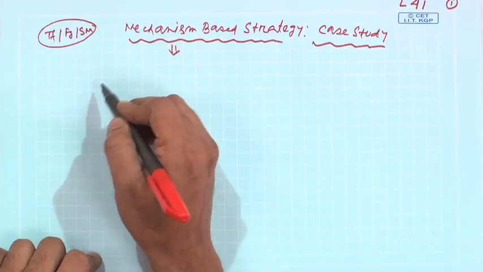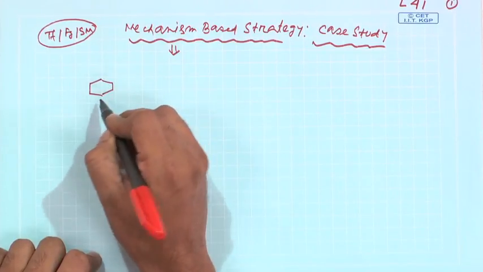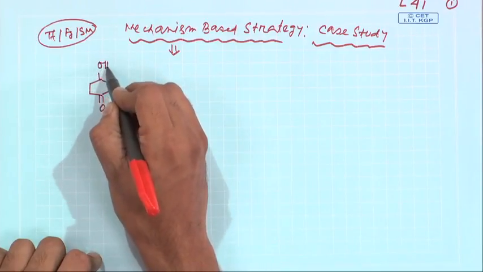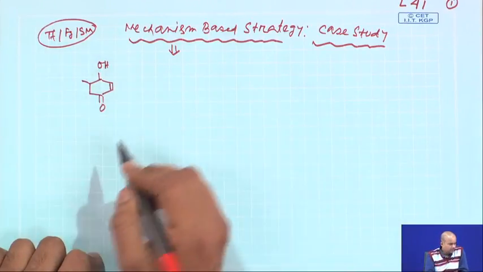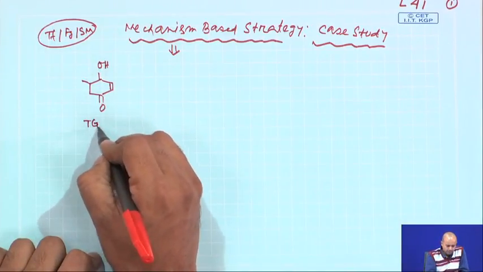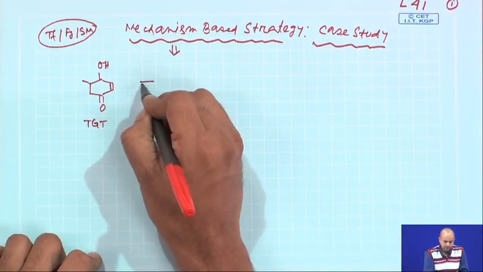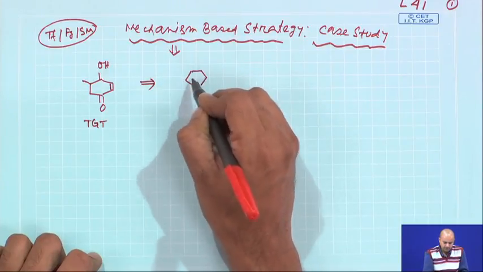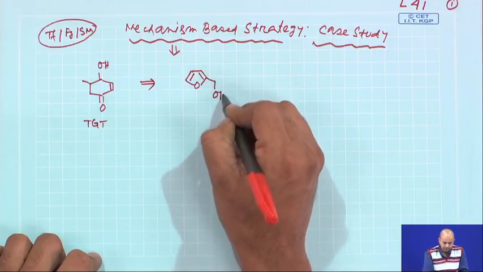Now, initially I will give you a target molecule. I am first drawing the target molecule structure, and this is the target molecule which is required. The starting material I am giving to you is basically a furyl carbinol system.